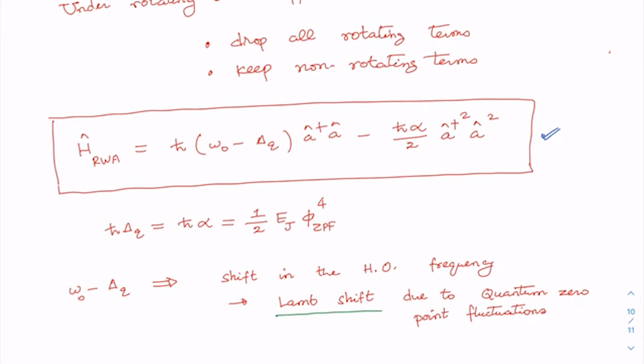And as you see, this first term is particularly interesting, where it basically shows that the harmonic oscillator frequency is shifted by delta q, and this is the so-called Lamb shift, and this happens due to the quantum zero point fluctuation. On the other hand, this term is coming due to the nonlinearity, and this is what we are going to discuss now.